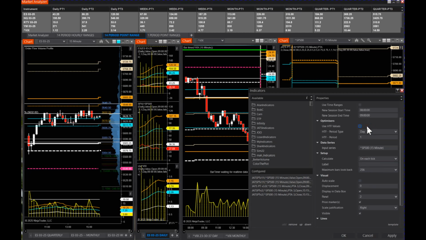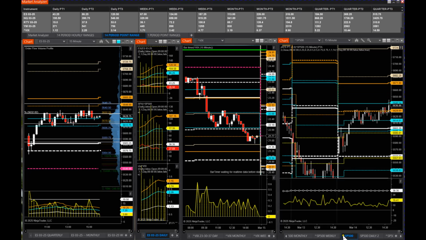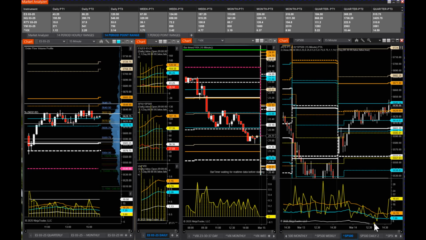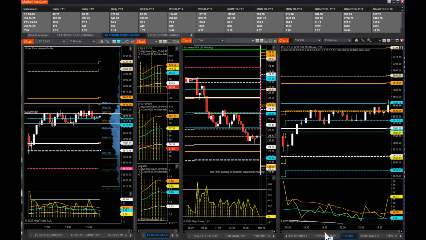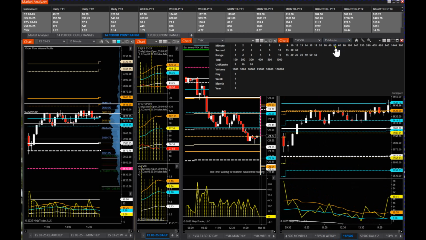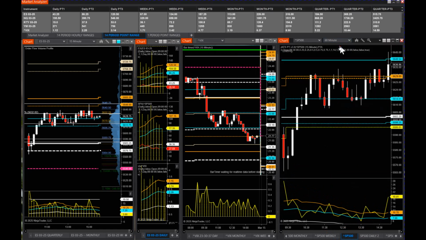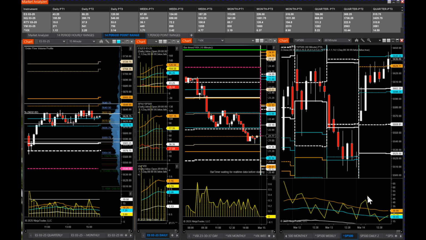If you untoggle the choice to set the date, the data distribution period, it will grab whatever the chart default is. It'll default to the chart time frame. So I like to do that. So here is the 15-minute. And if you would like to do a 60-minute, you can just change it.